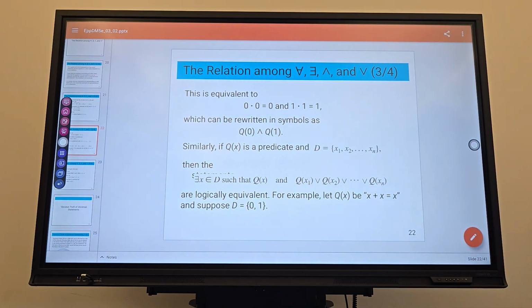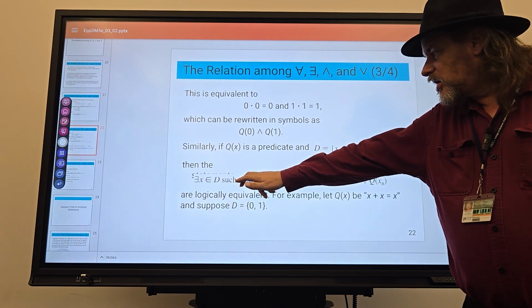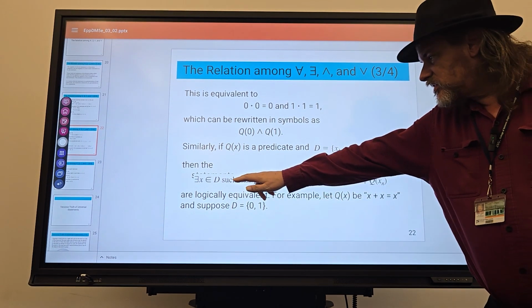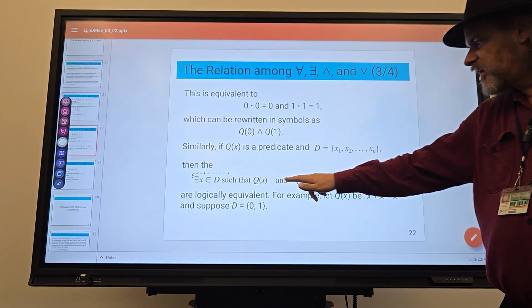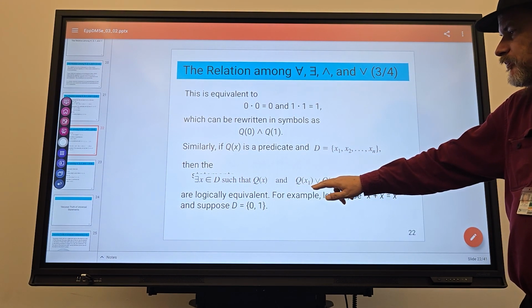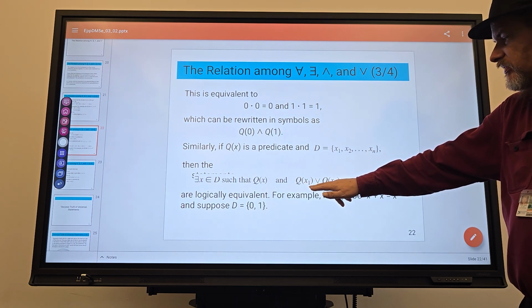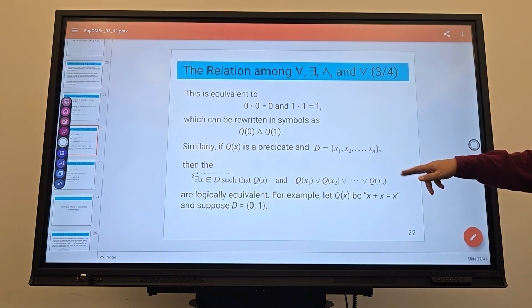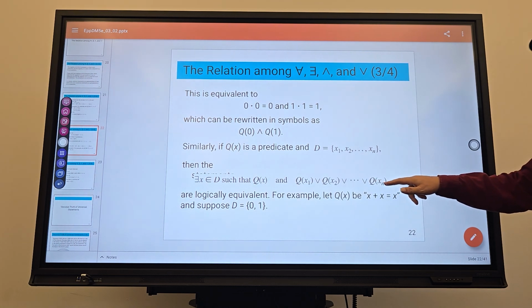Likewise, there exists an x that's an element of D such that Q of x is equivalent to Q of x1 or Q of x2 or so on, or Q of xn.